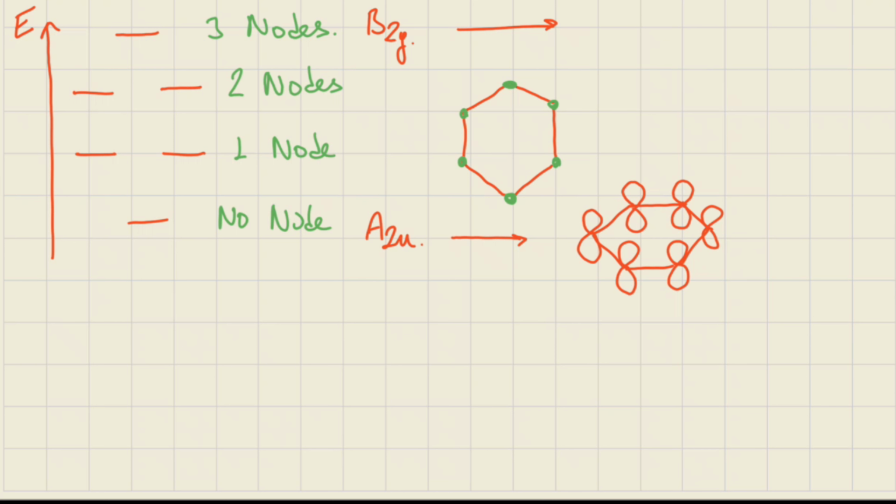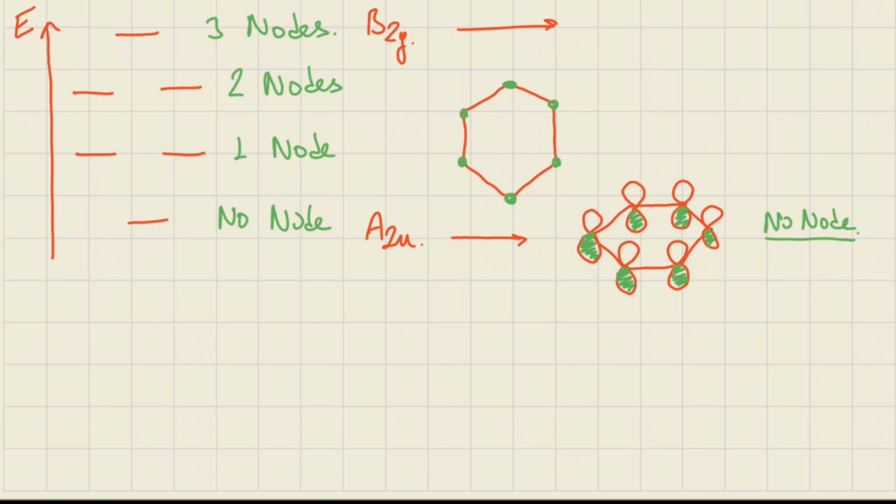There is no node, so I will just make, for instance, all positive PZ orbitals, so that there will be no phase change or no node. There is no node here, and this is one of our molecular orbitals. So this is the A2U.